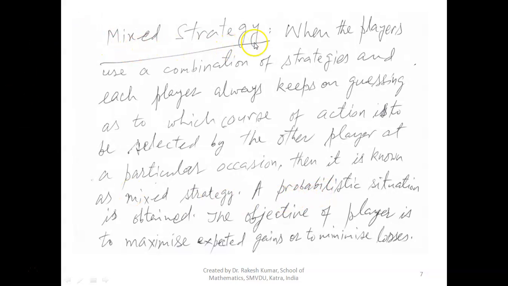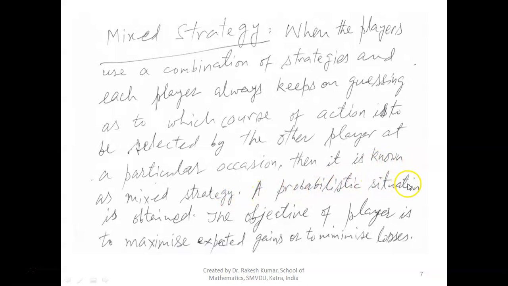Now, mixed strategy. When the players use a combination of strategies and each player always keeps on guessing as to which course of action is to be selected by the other player at a particular occasion, then it is known as mixed strategy.